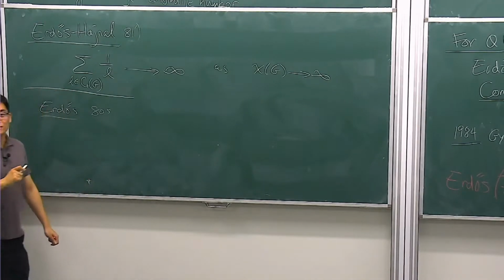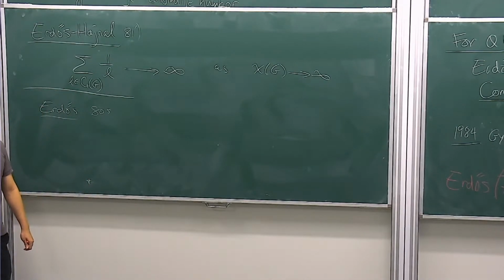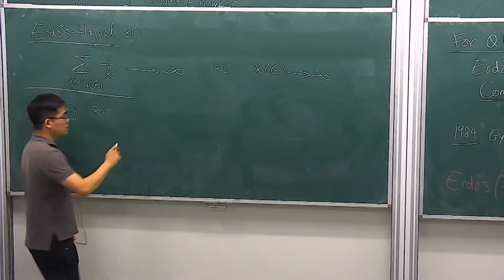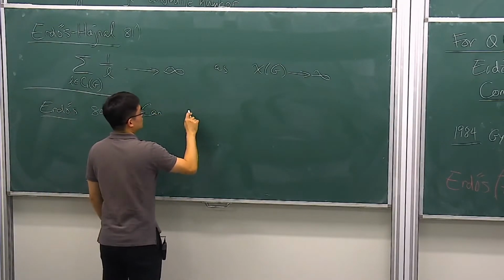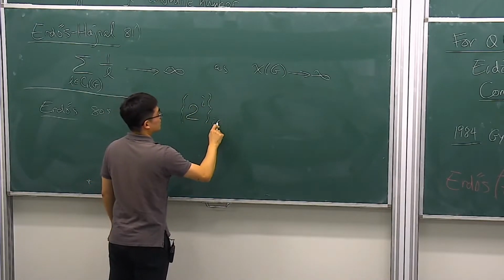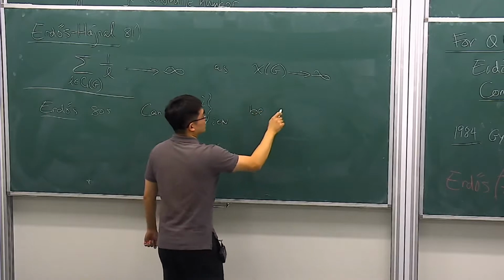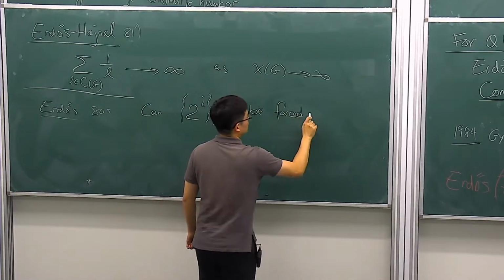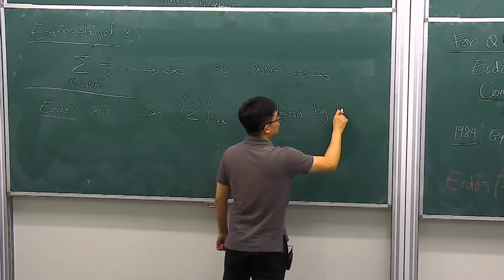The infinite sequence he was particularly interested in is the powers of 2. Can powers of 2^i be forced by large average degree?